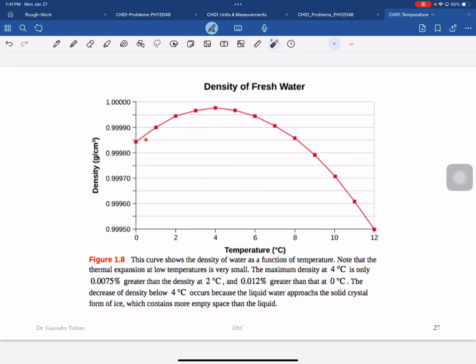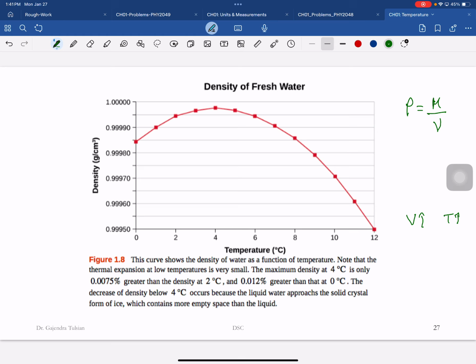So here's a very interesting graph. Let me show you what is interesting about it. The density of a material is mass divided by volume. What happens to the volume of a material as I increase the temperature? Volume increases, for almost all stuff.